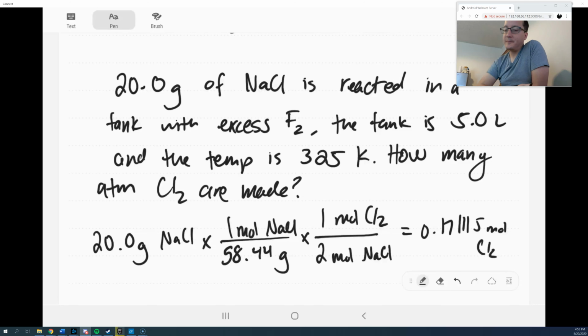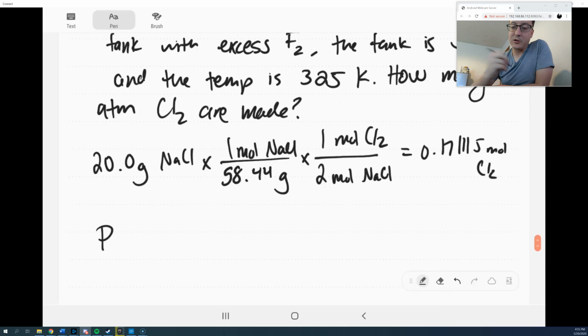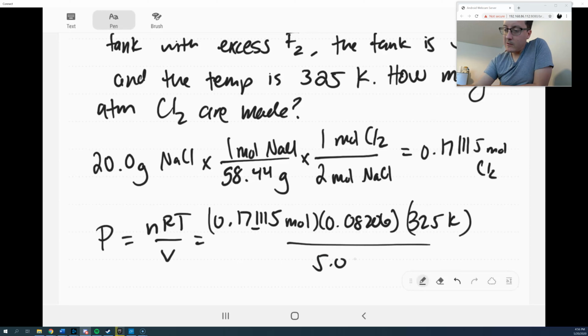Now what are we going to do? Indeed. So we are looking for pressure, right? That's atmospheres, yeah. So that's nRT over V. So we're going to put our 0.171115 moles, 0.08206, 325 Kelvin over 5 liters.